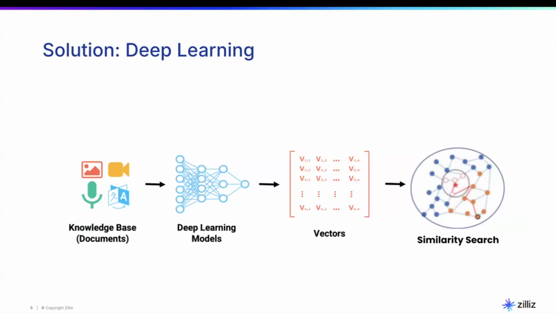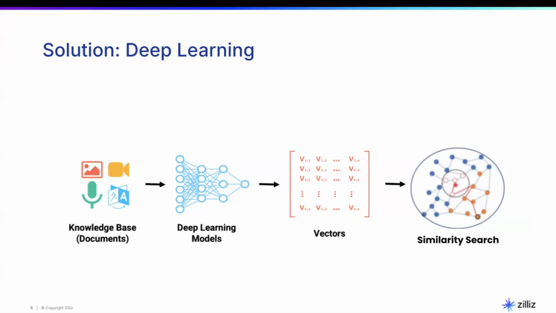So what's the solution then? Well, as of 10 years ago, say, we've had access to these really powerful deep learning models that can take our unstructured inputs, put them through an encoder, or a deep neural network, and turn them into these vector representations, which are just a sequence of numbers.